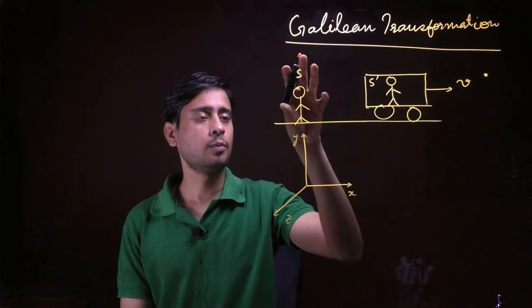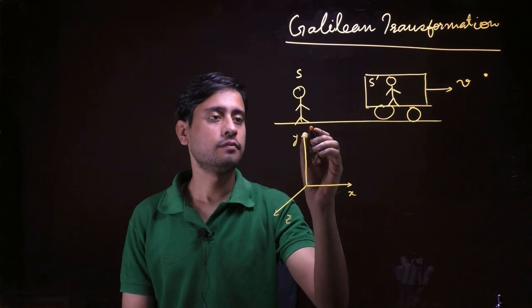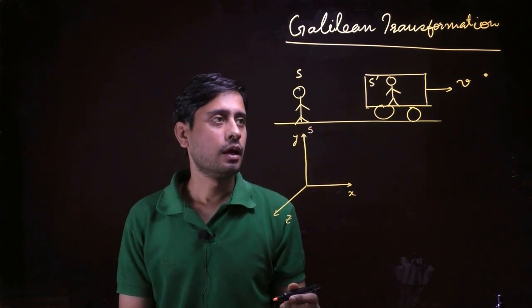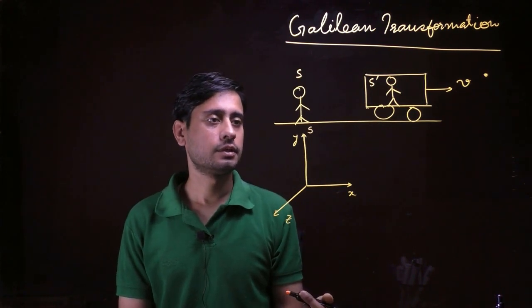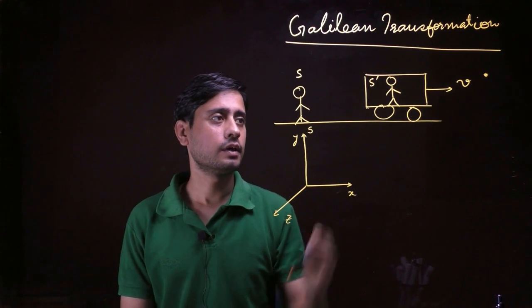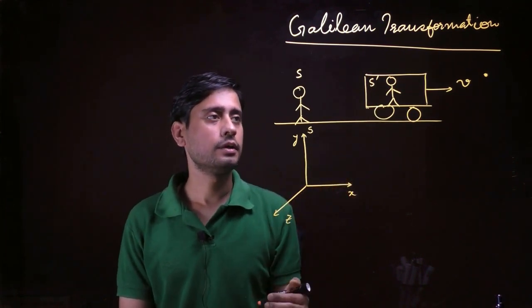Now for this observer we have a coordinate system which is S, and for that observer we will have another coordinate system S prime, and that coordinate system is initially at the same point.